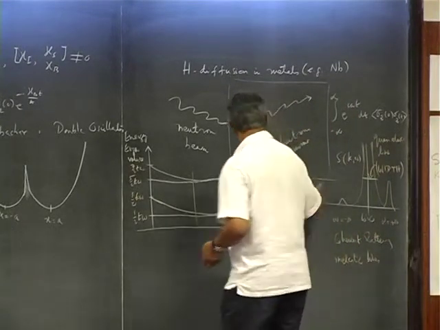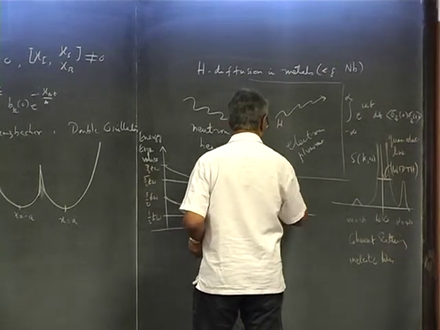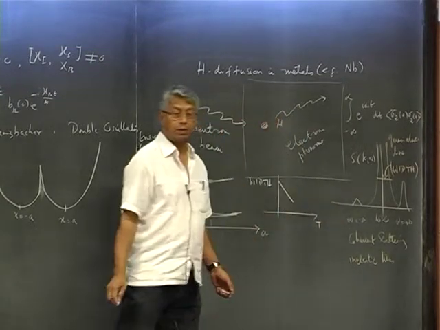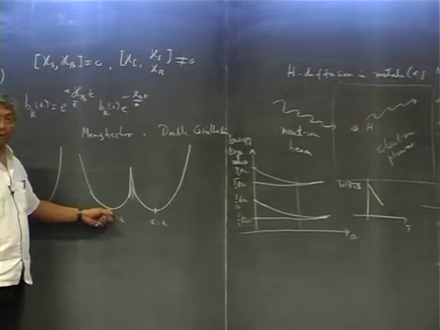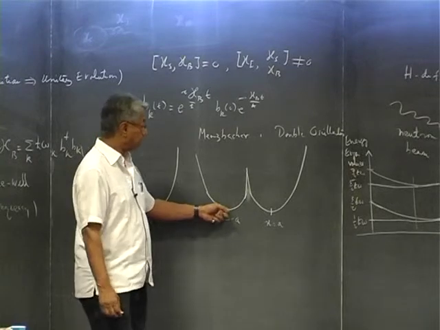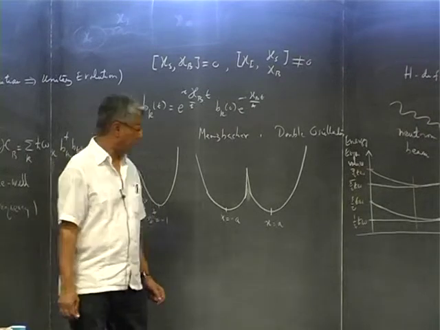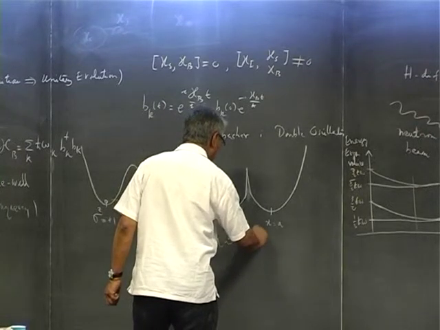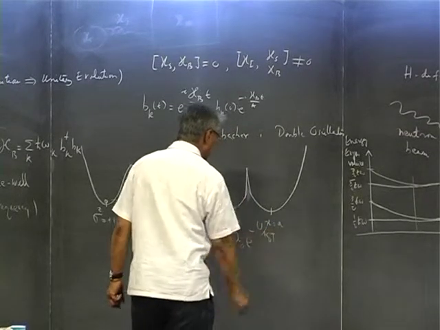What is very interesting in this situation is that when they plot the width versus temperature, they found that the width is actually going down with temperature. If I were dealing with a classical particle at a sufficiently high temperature, it would go across the barrier by a process called thermal activation, and that activated process goes with a rate constant lambda naught times e to the power minus the barrier height over kBT, the so-called Arrhenius formula.